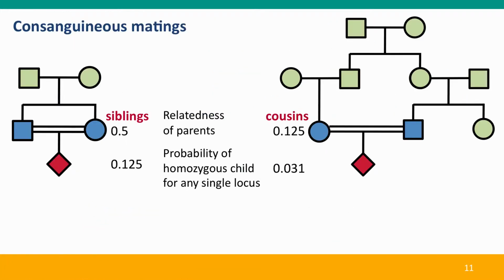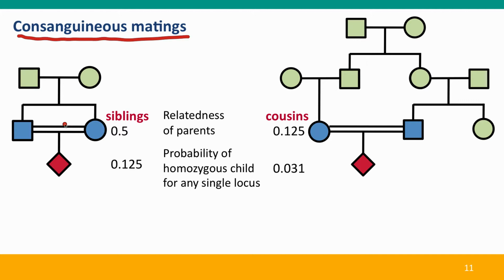Now, a term that I haven't really introduced yet is consanguineous matings. I showed you the double line in the pedigree, meaning that the parents are related. The term for this in analysis of pedigrees is consanguineous matings. Consanguineous is a great big word that means shared blood.